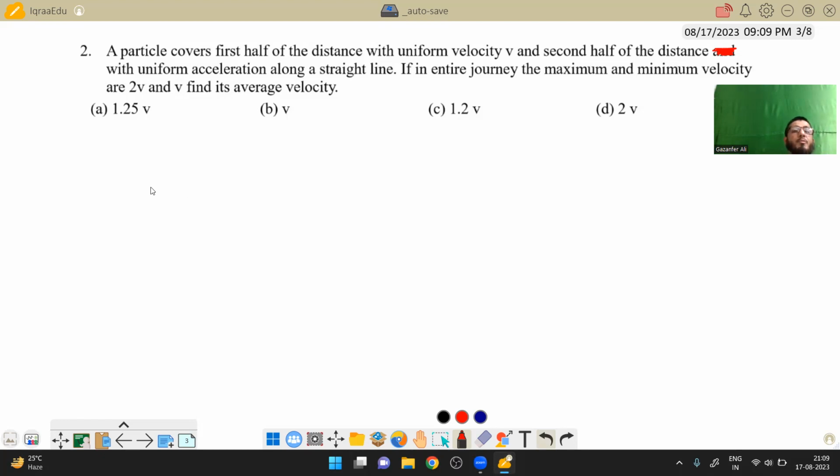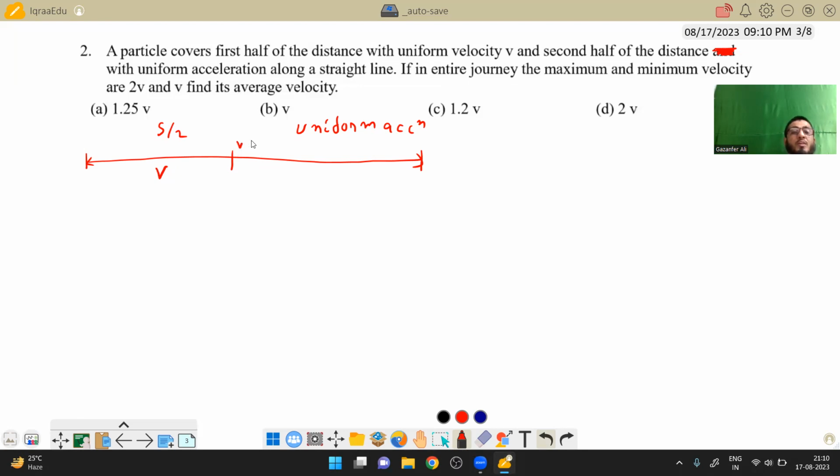No? Okay, let me solve it. Let's say this is the total distance s. Half the journey it travels with a uniform velocity v. In the remaining half, this is uniform acceleration. And it says in the entire journey, the maximum and the minimum velocities are 2v and v.